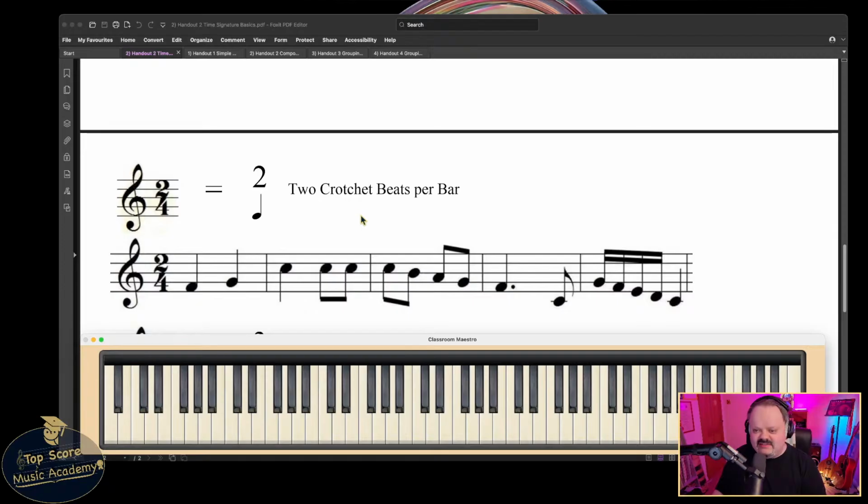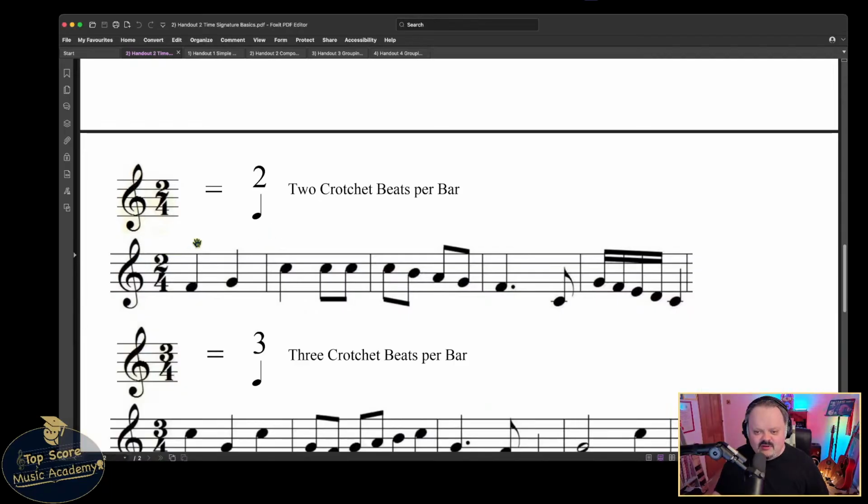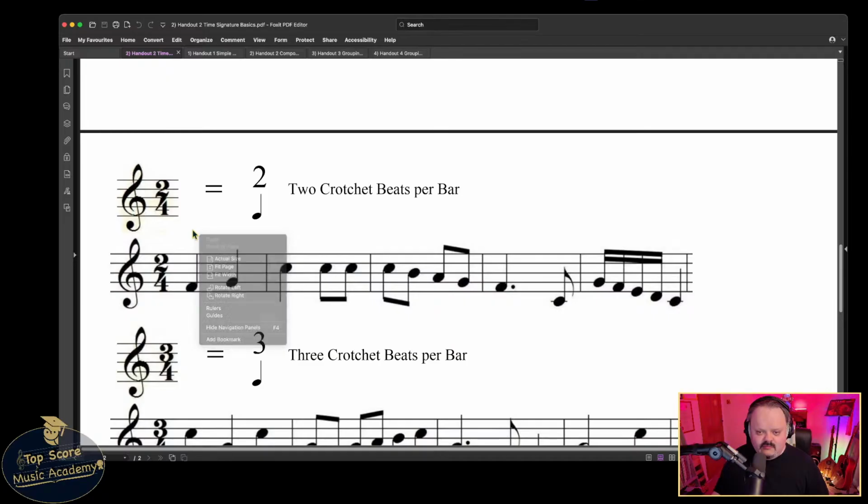2 crotchet beats in the bar. Well, yes, 2/4. You can see crotchet, crotchet. 2 quavers gets us the other crotchet. 4 quavers in this bar, and you can even see how they're grouped and beamed together according to their beats. So 1 beat here, 2 beats here.